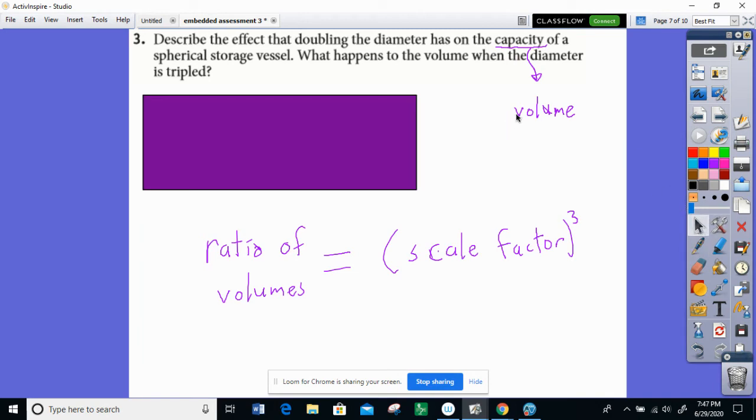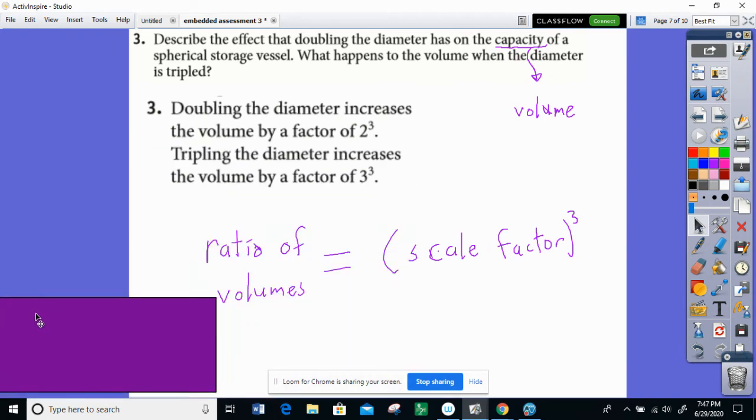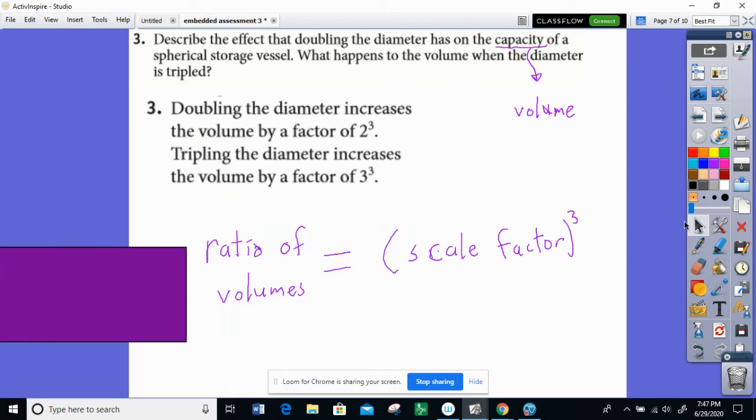Why is that? Because volume is a three-dimensional measurement. So doubling the diameter increases the volume by a factor of 2 to the third, which would be 8 times larger. And tripling the diameter increases the volume by a factor of 3 to the third, which would be 27 times larger.